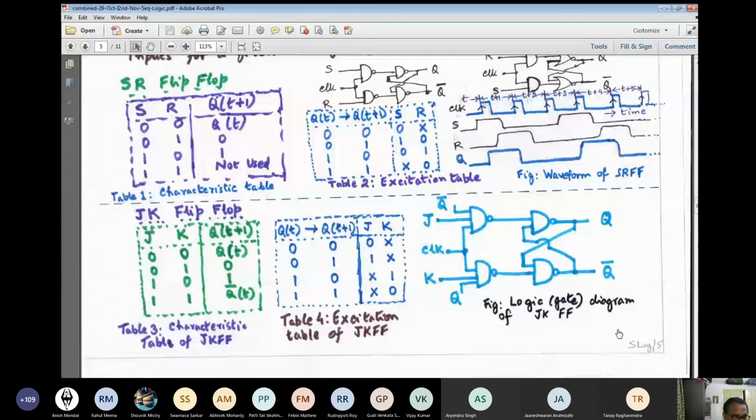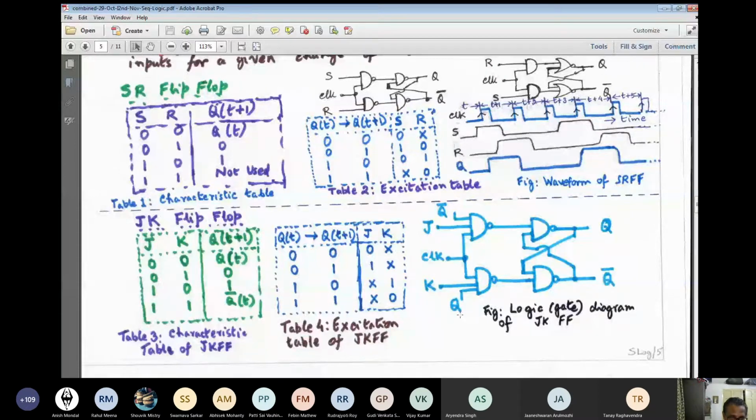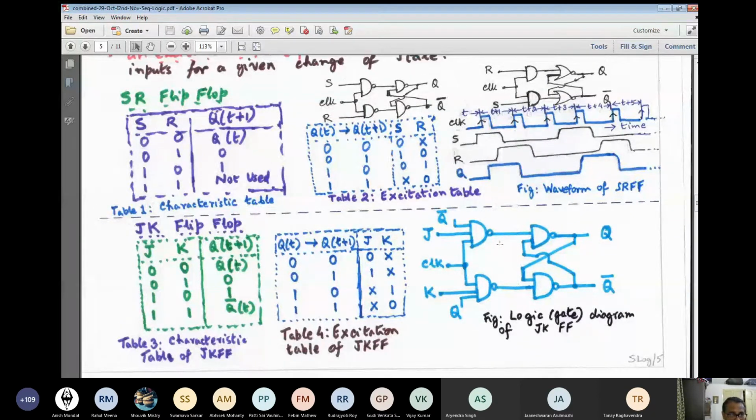Now all of you please look into the JK flip-flop and see how it is obtained by some added connection to the basic SR flip-flop. Very simple. Here on the second stage, I find that some feedback is there.